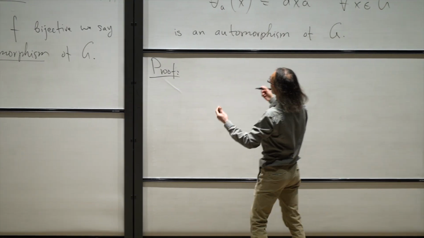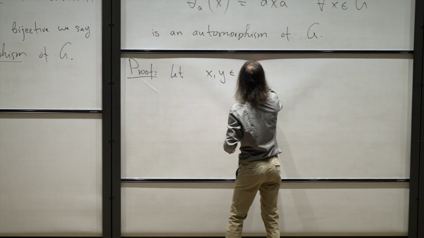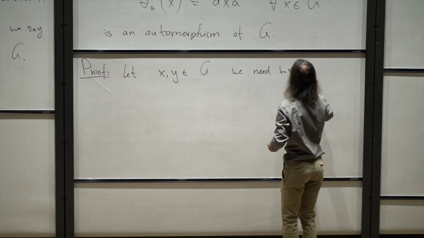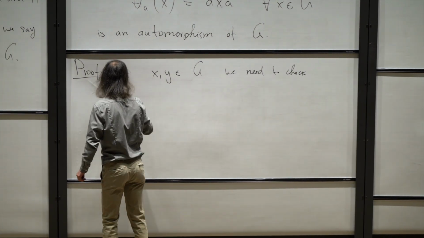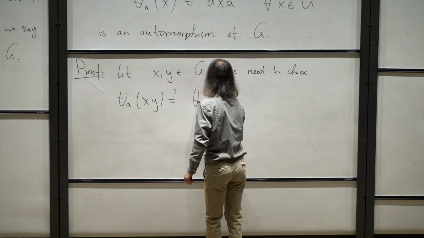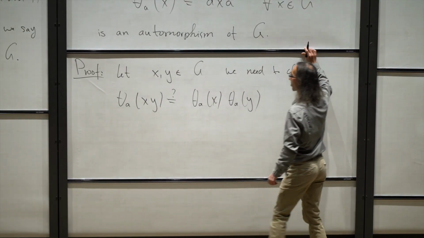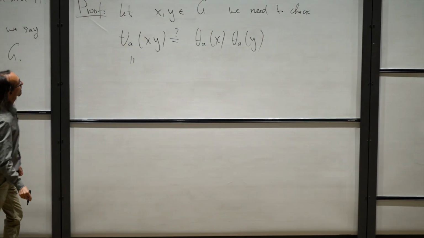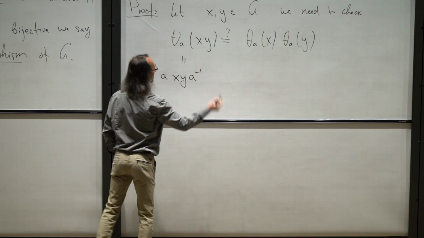Let x and y be in G. What we need to check, first of all, is that theta_a is a homomorphism. So we need to check that theta_a of xy is equal to theta_a of x times theta_a of y. On this side, by definition, this is a x y a inverse.